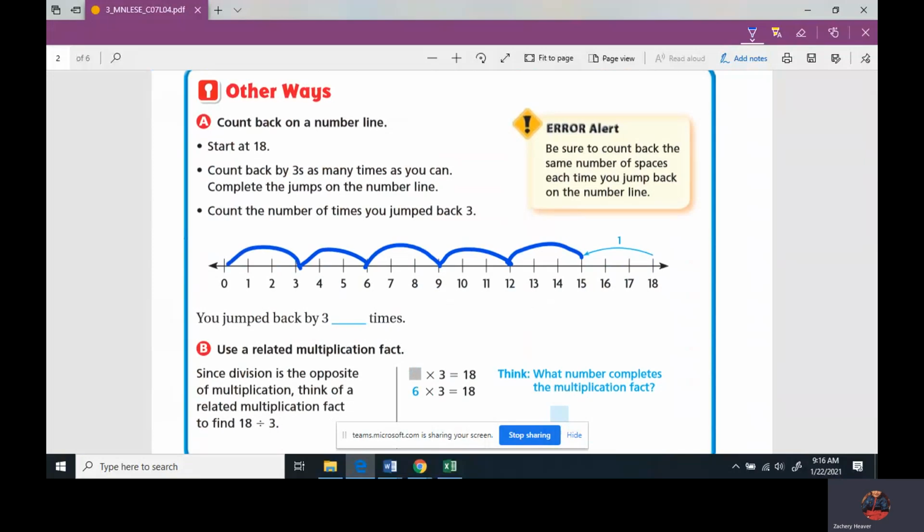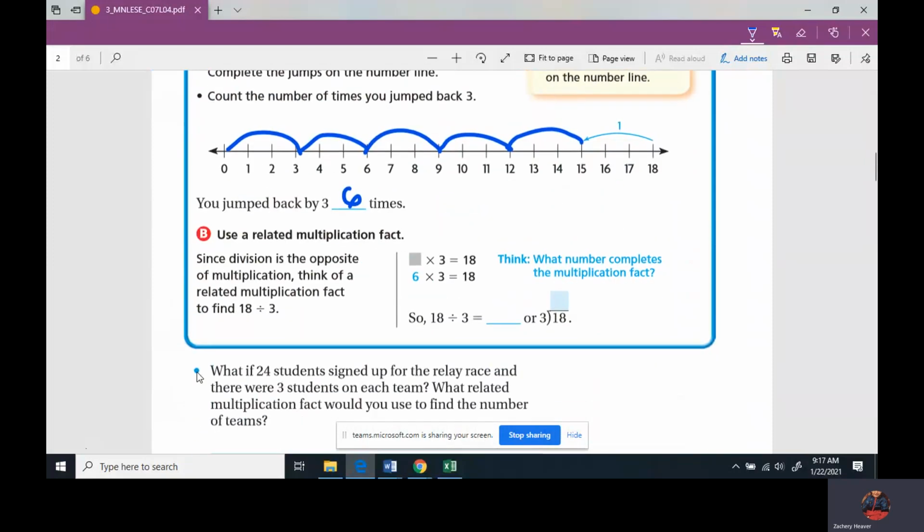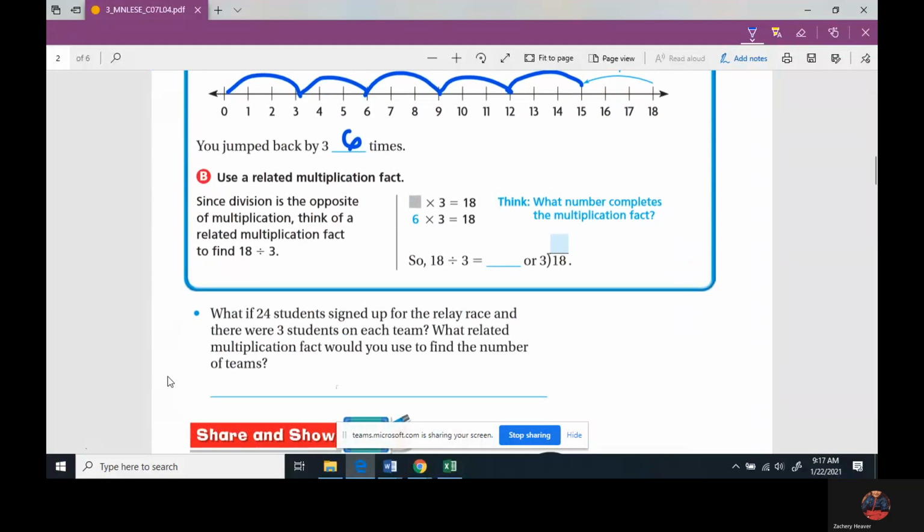How many jumps do you have? 6 jumps. So you jump back 6 times. Okay? 18 to 15, 15 to 12, 12 to 9, 9 to 6, 6 to 3, 3 to 0. You got that down, Jackson? Good deal. So, again, 18 divided by 3 is 6.